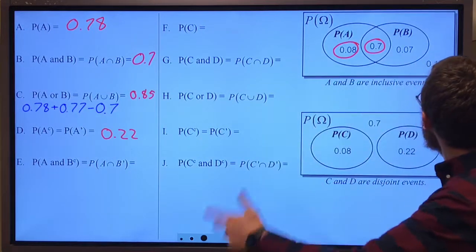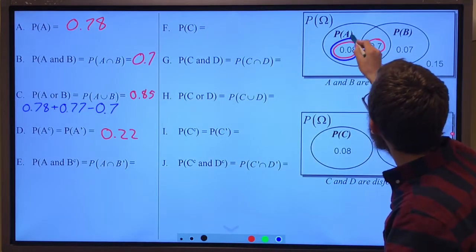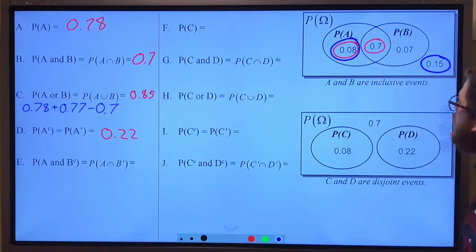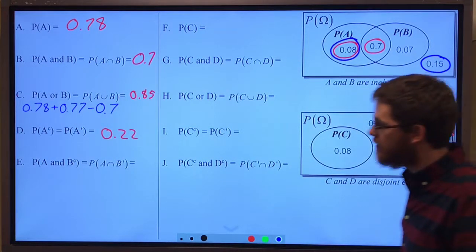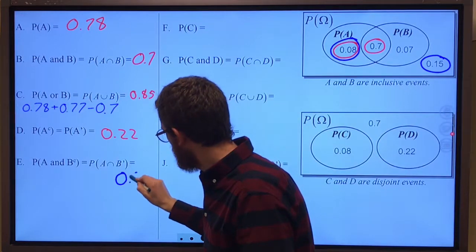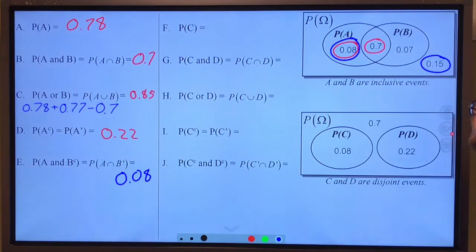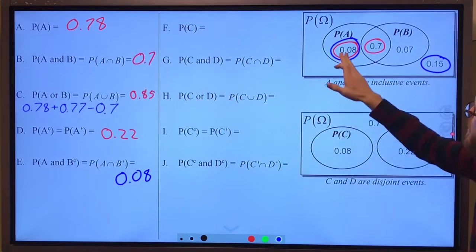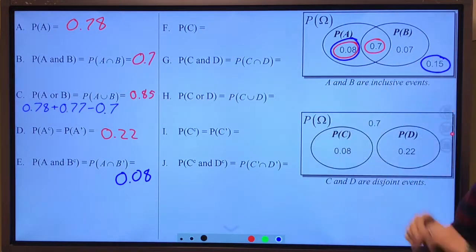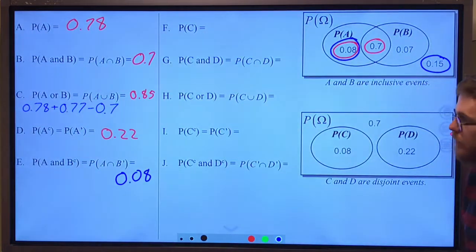The complement of B is everything outside of B. Where do we have overlap? It's that 0.08. That is the probability that we get A and not B. All right.